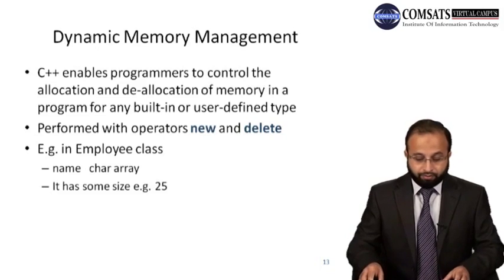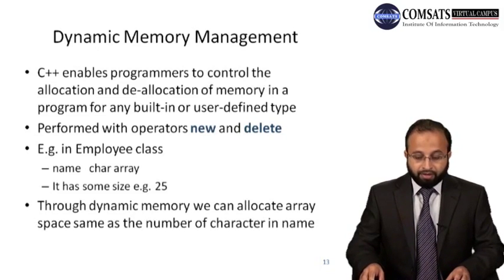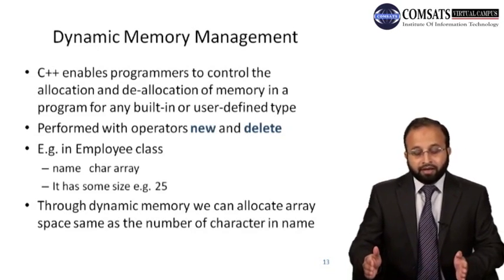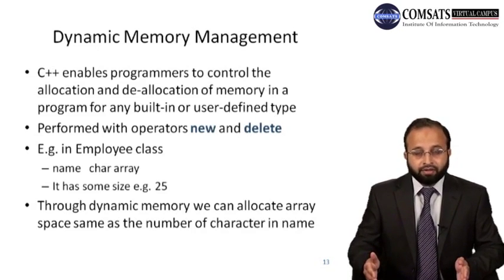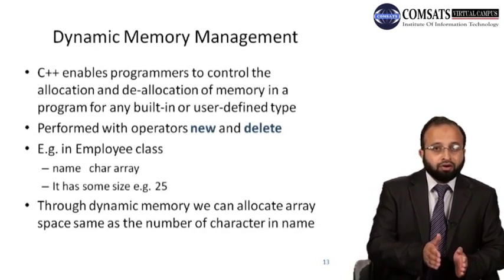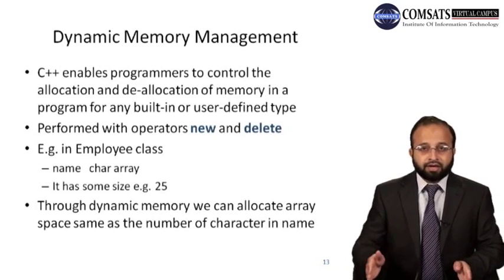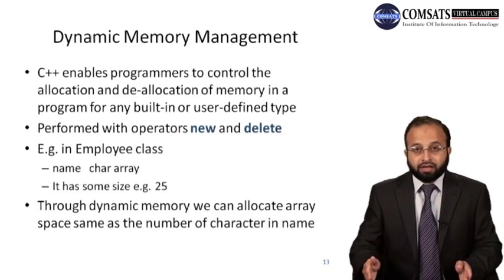So what is the better approach? Through dynamic memory we can allocate array space the same as the number of characters in the name. So if the name is very long, then we allocate the memory accordingly to store all the characters of that name. If the name is very short, we also allocate the memory accordingly to store all the characters and make sure that the rest of the bytes are not wasted.